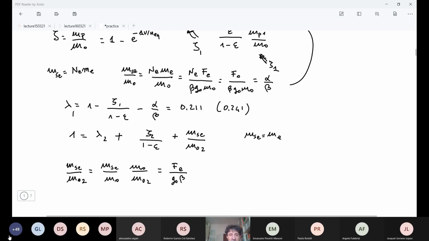This is MSE, which is equal to ME. Then we have to divide by M0, and then we have M0 over M02, which is 1 over lambda 1.